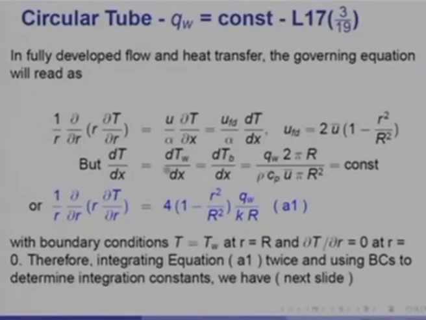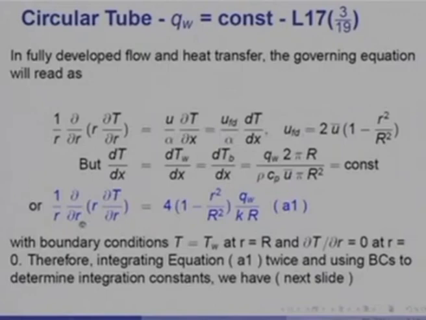You will see that dT bulk by dx, of course, is simply q wall into perimeter divided by m dot into Cp, which of course is a constant, and therefore, the equation would simply become 1 over r d by dr of r dT by dr, and fully developed flow in a circular tube is given as 2 u bar times 1 minus r squared by R squared, and therefore, this would be that.